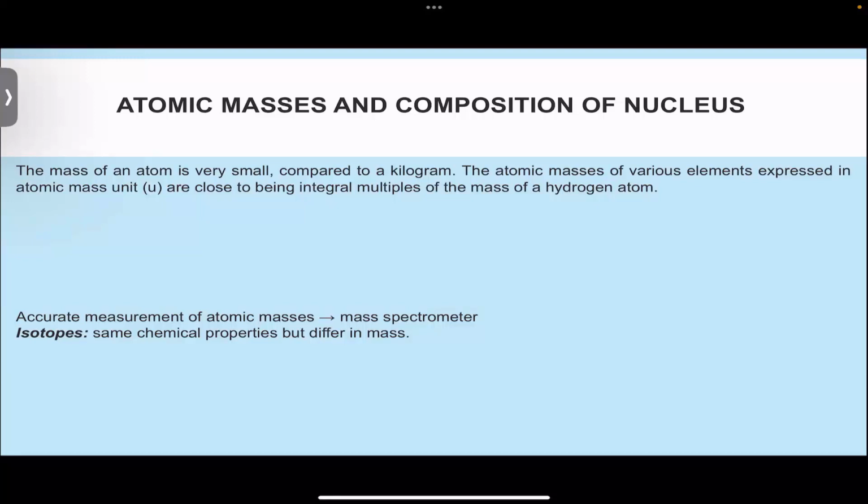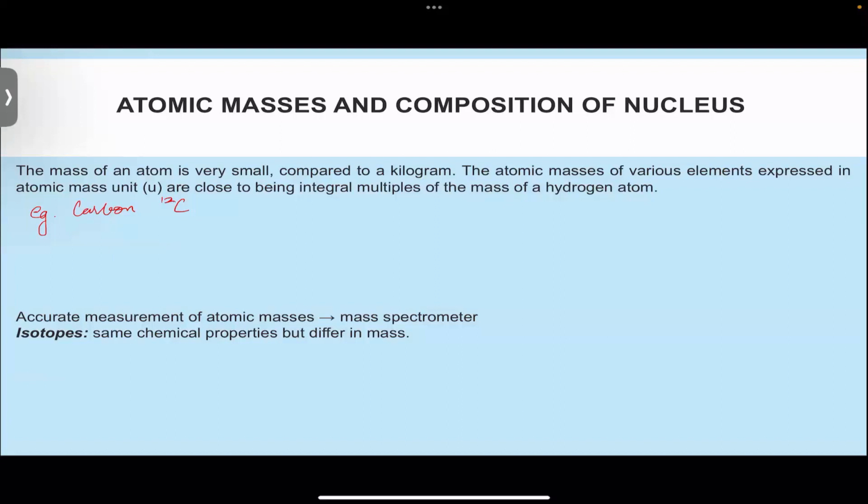Since we have already said that the mass of an atom is very small when you compare it to other matter, for example, suppose you take a carbon atom. The carbon atom is C12, where 12 is the atomic mass.